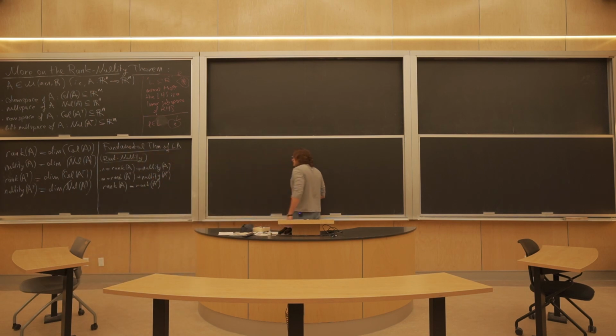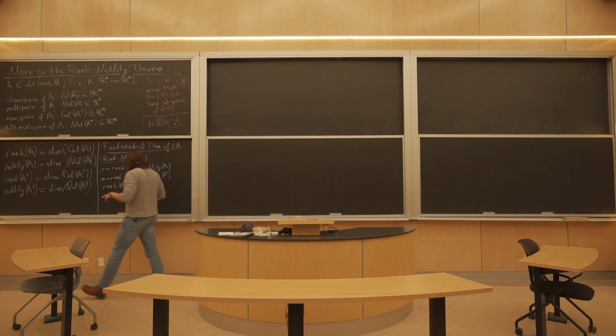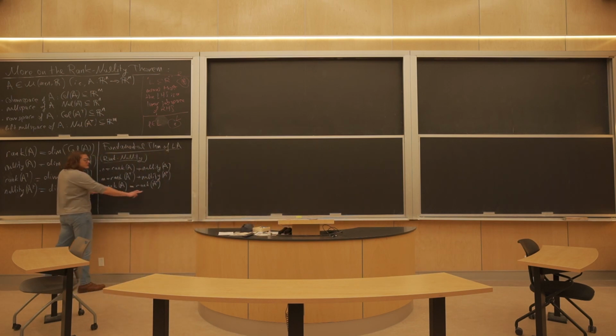And I think in the last problem set, there was a problem where I was asking you to list echelon forms and so on, and then take transposes of them and compute the ranks of the transposes and so on. And I hope you discovered that this is indeed the case.